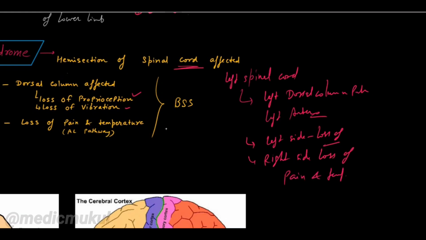It means if the left spinal cord is affected, there is loss of proprioception and vibration on the left side, and pain and temperature sensation is lost on the right side. So that is Brown-Sequard syndrome.